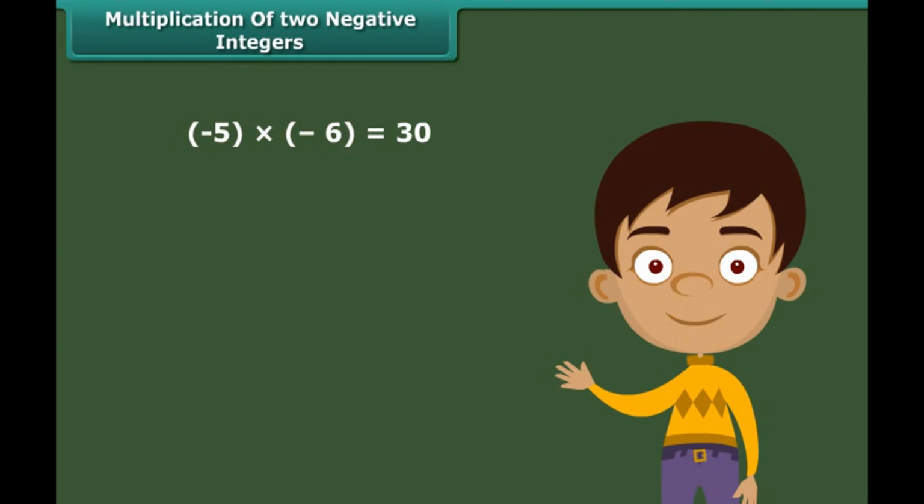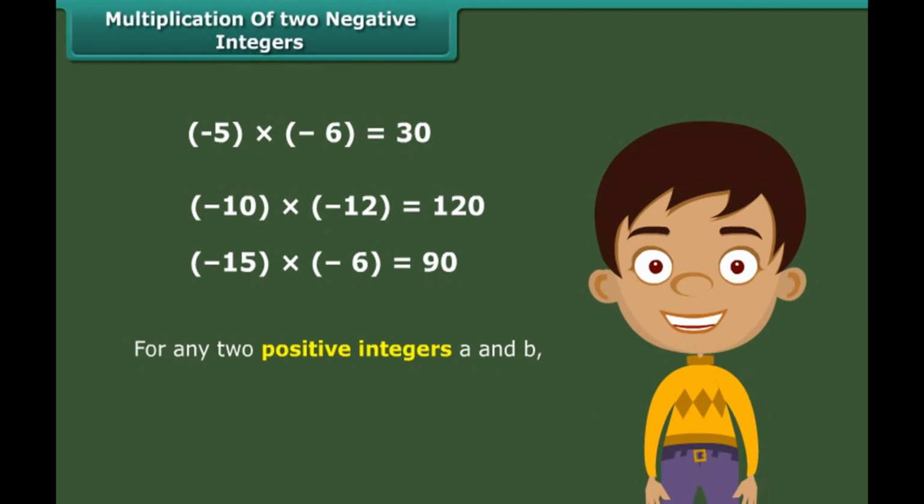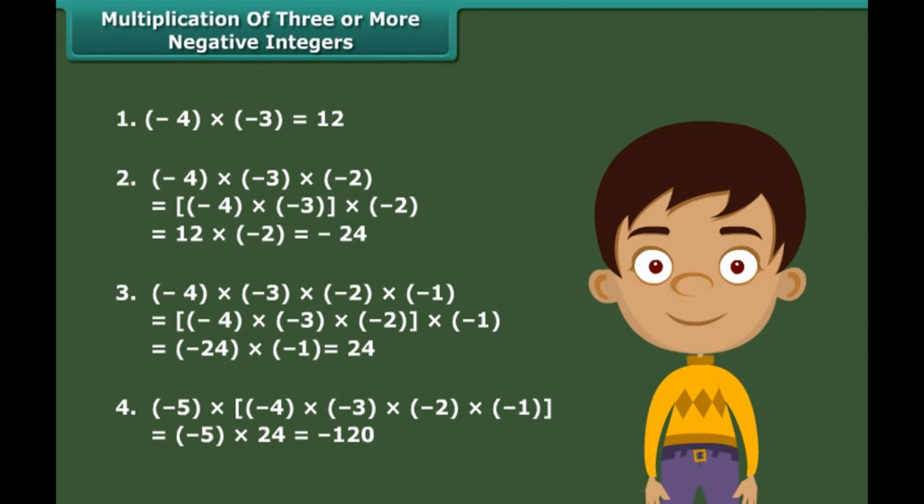The product of two negative integers is a positive integer. We multiply the two negative integers as whole numbers. In general, for any two positive integers a and b, minus a into minus b is equal to a into b. Look at these examples.